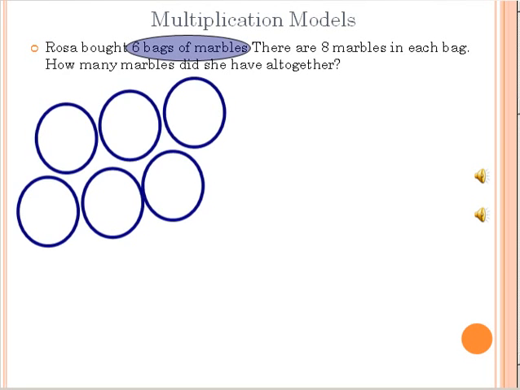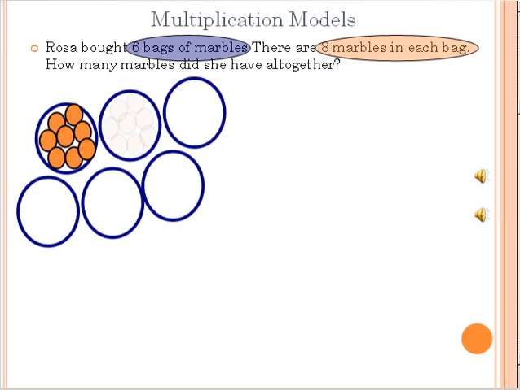One of the early strategies for solving this type of problem that you'll probably see in your child in 2nd and early 3rd grade is this equal groups model. In the equal groups model, your child could potentially draw 6 circles, which actually represents those 6 bags of marbles. They then place 8 marbles within each bag.